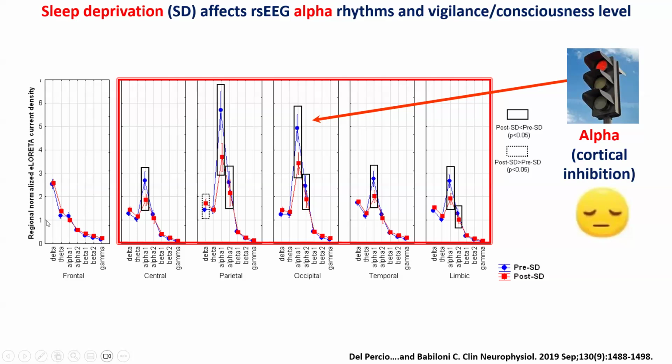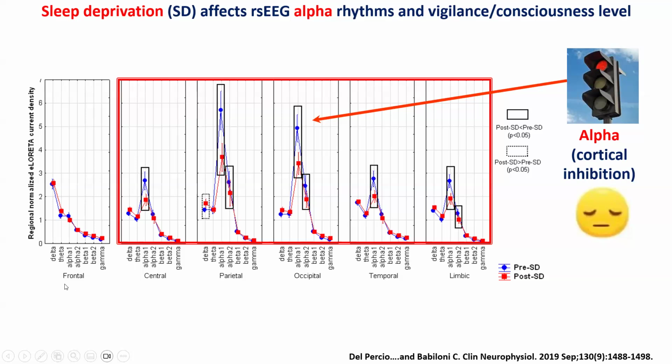And you see that in the horizontal axis, you have the frequency bands, delta, theta, alpha low frequency, alpha low frequency 2, alpha high frequency, or alpha 2, beta low frequency or beta 1, beta high frequency or beta 2, and gamma.